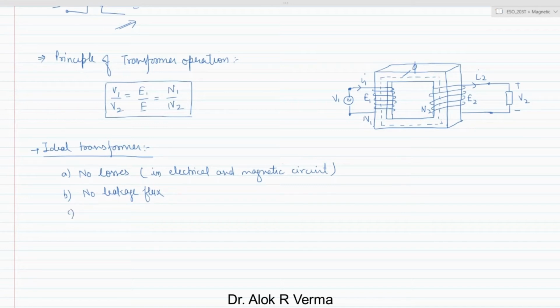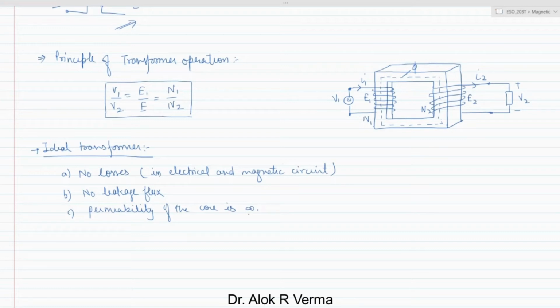You can write it as the third point, otherwise the permeability of the core is very high or ideally infinity.